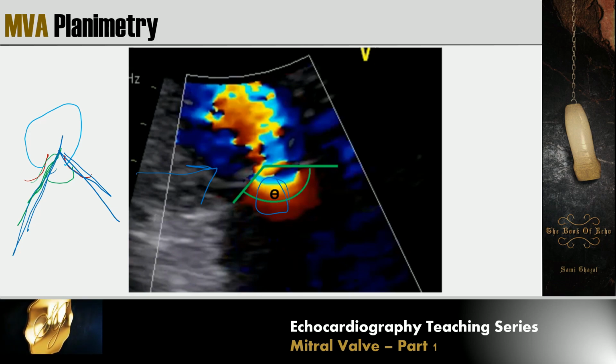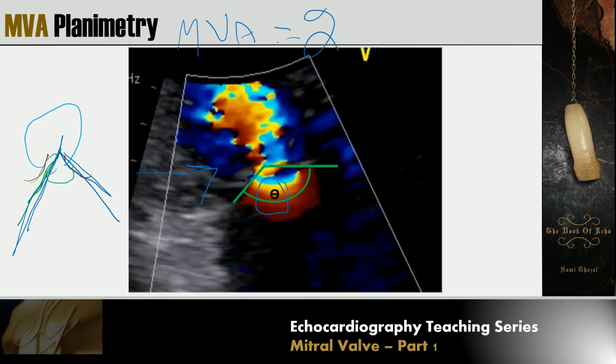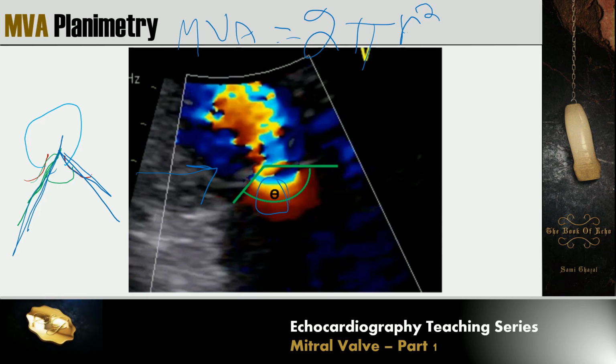Unfortunately, a lot of post-processing software in echocardiography doesn't measure the angle. The equation will be: mitral valve area is 2 times pi times r squared, which is the area of the hemisphere. R is the radius from the vena contracta to the flow convergence zone, or the change of color, the Nyquist limit.